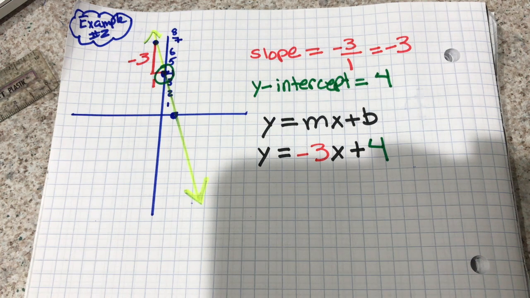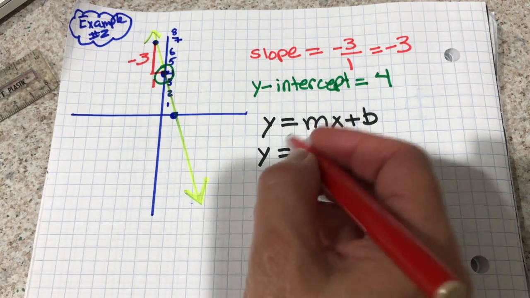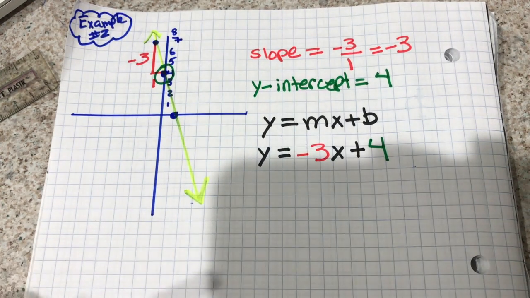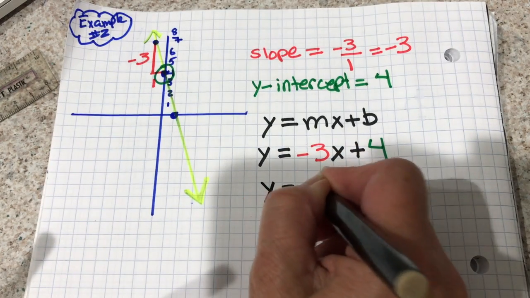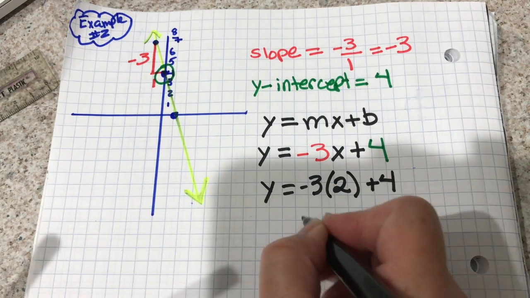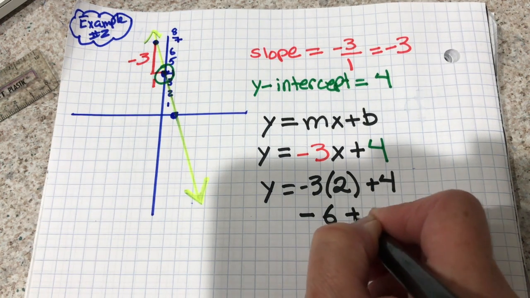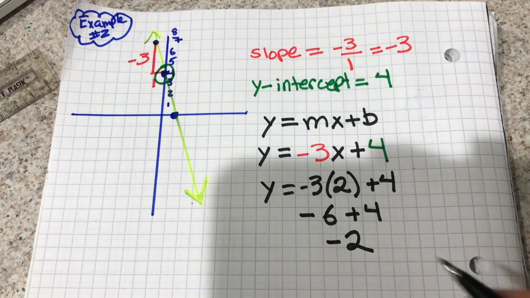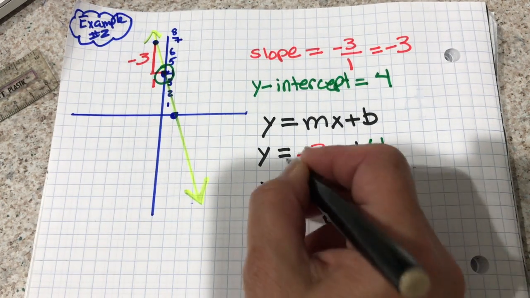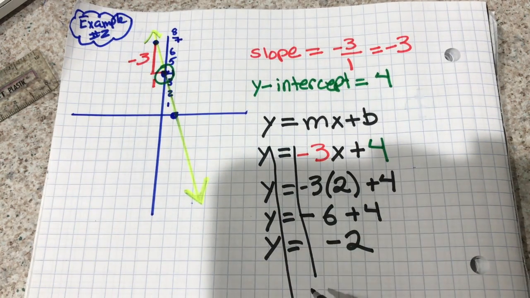Now let's try a point that we don't have right now. How about if we substitute in +2? So I would rewrite the equation. Y equals -3 times 2 plus 4. -3 times 2 is -6, plus 4 equals -2. So y equals -2.